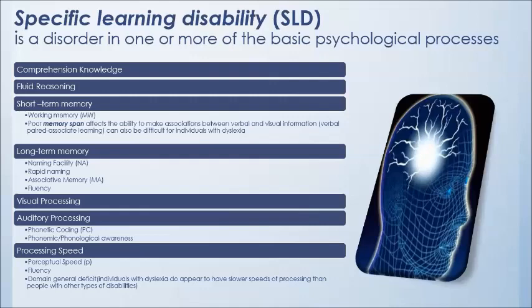Implications to reading are that reading comprehension involves long reading passages, and may be affected by skills specifically related to working memory. Basic word reading may be impacted by deficits in short-term memory because it may interfere with acquiring letter and word identification. Your language-based knowledge. Short-term memory is one of those abilities that are used for the association between verbal and visual information.